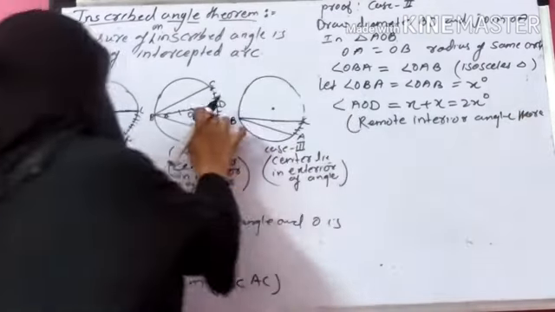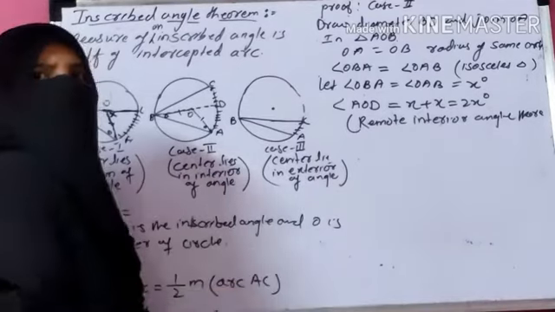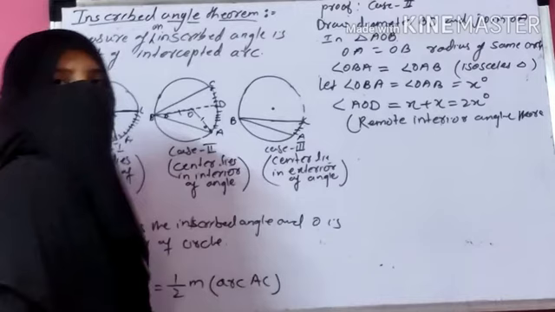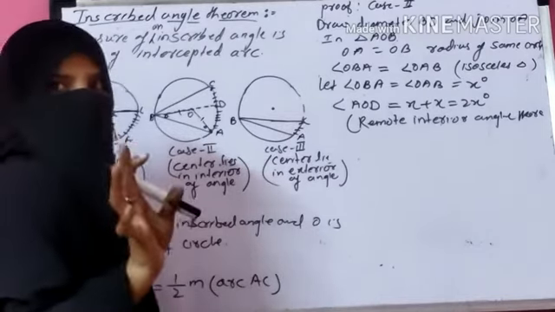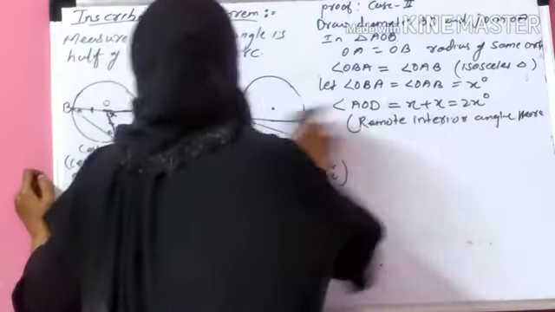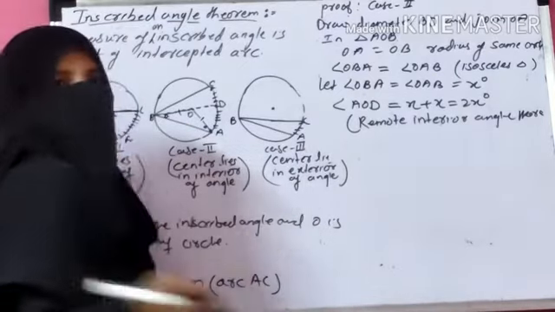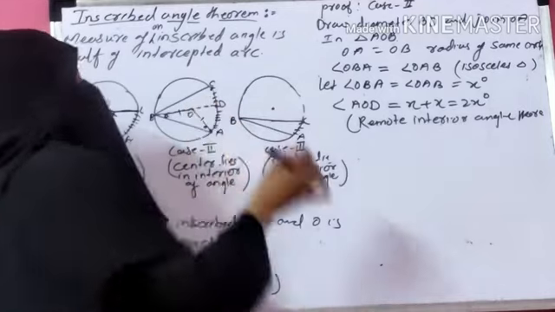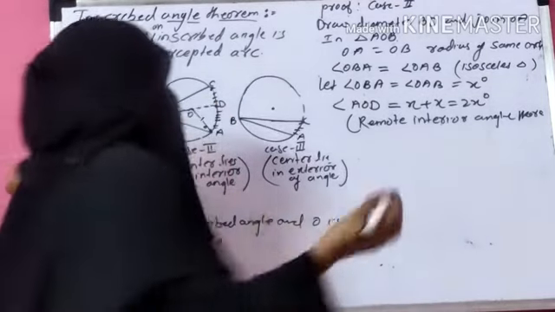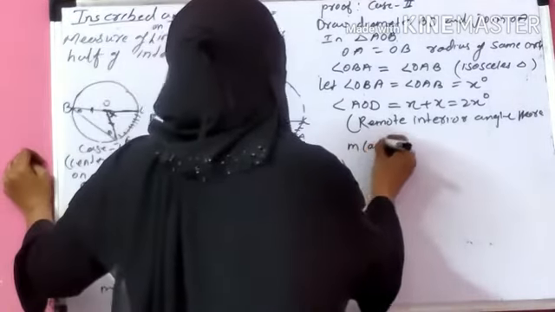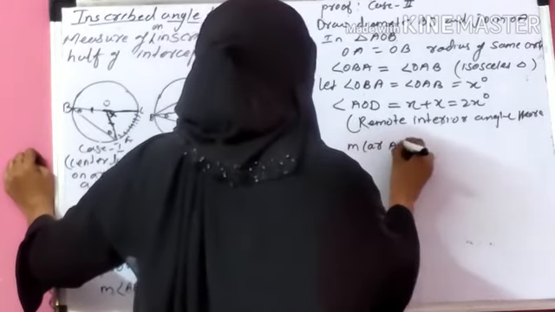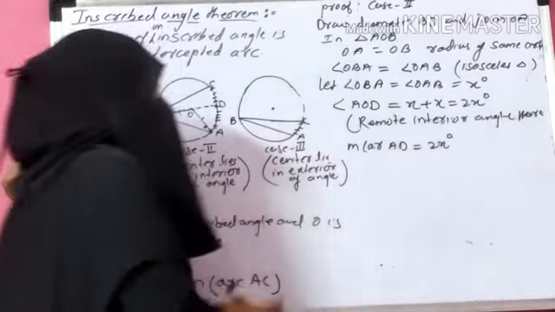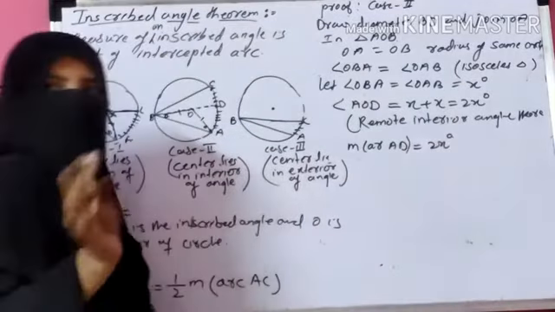Angle AOD is a central angle, and a central angle is equal to the measure of its arc. So the measure of arc AD is equal to 2x degrees.